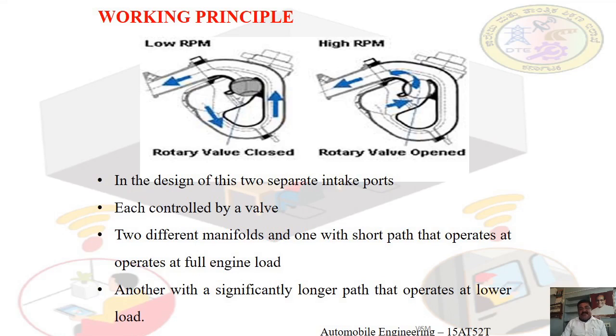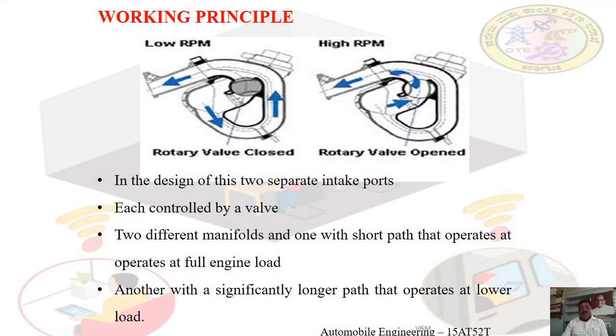At that time the rotary valve is automatically opened, and the fresh charge passes through the intake manifold in the shorter way, so the air enters the engine cylinder and makes proper combustion.